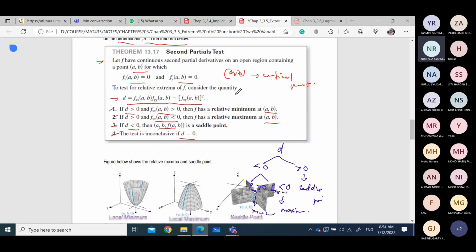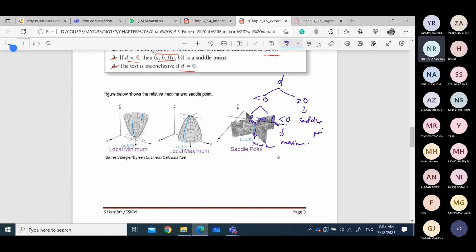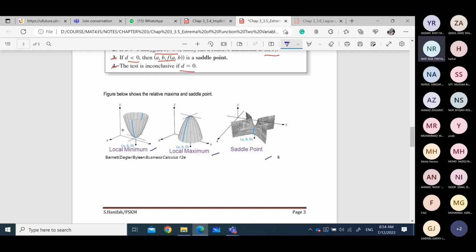Tak ada ya. Okay, so now look at this figure. So yang ni I padam. Okay, so this one kita ada tiga keadaan: local minimum, local maximum and saddle point. So local minimum kita tahulah yang paling bawah tu adalah minimum point on the surface.